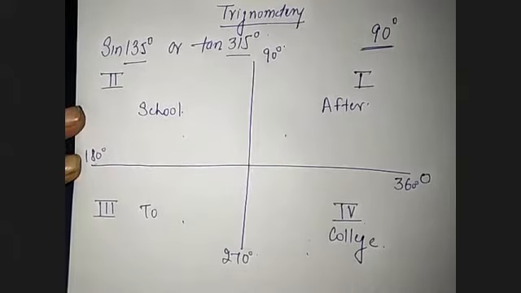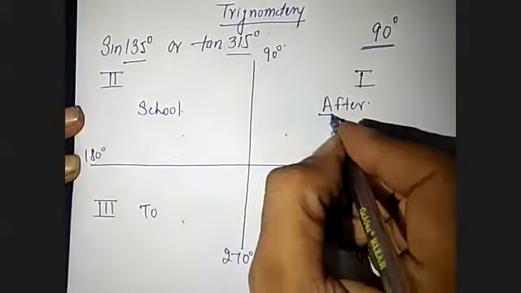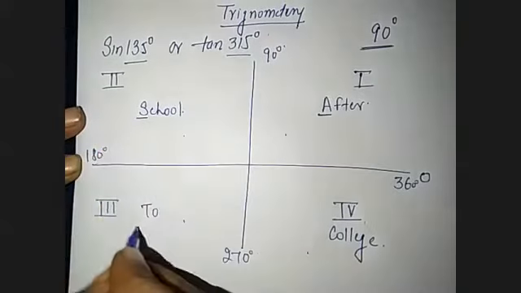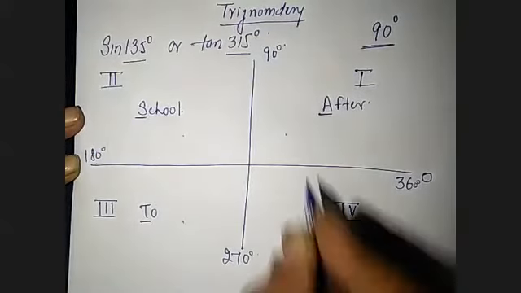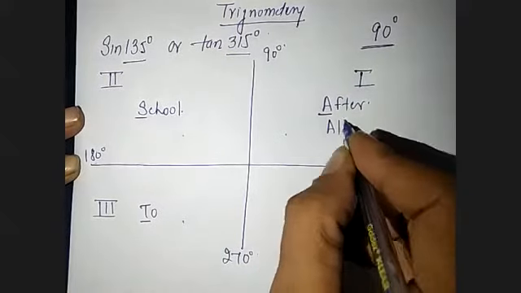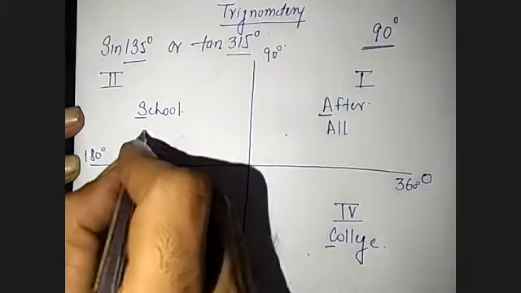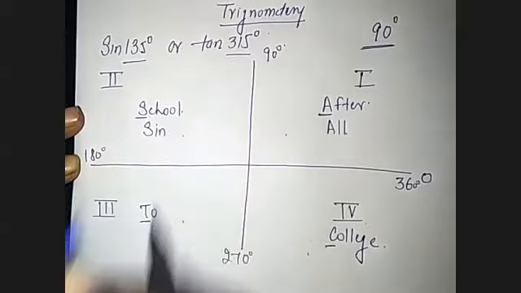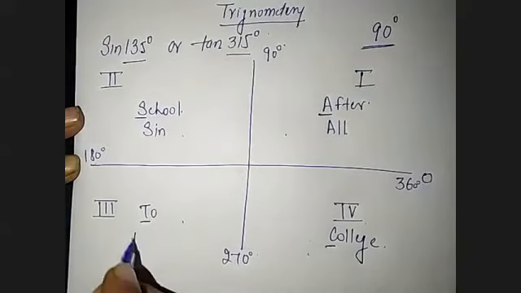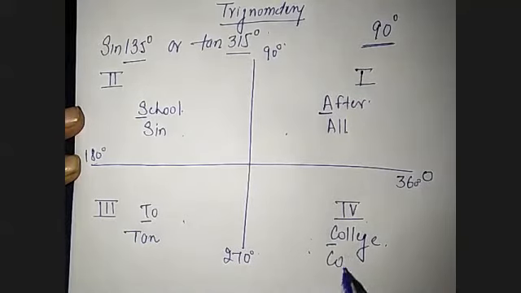After means we take the first alphabet of all of them. So A stands for all, S stands for sine, T stands for tan, and C stands for cos.